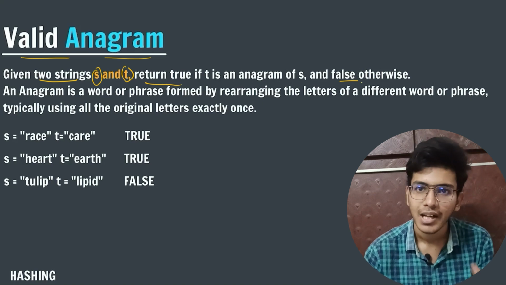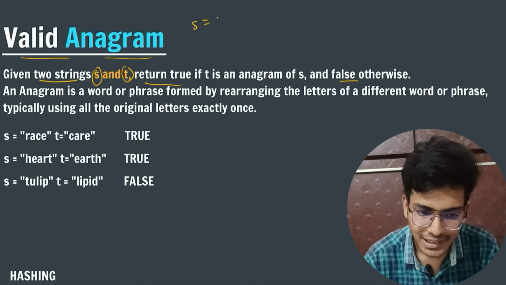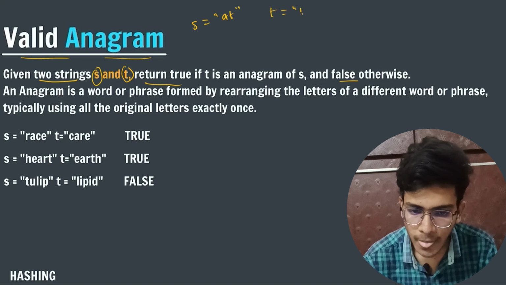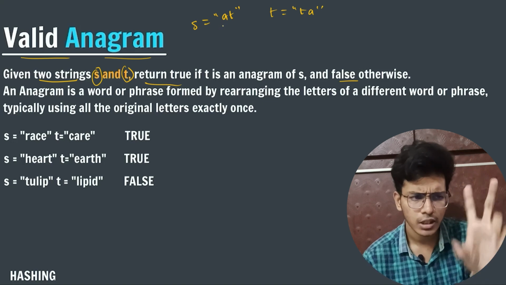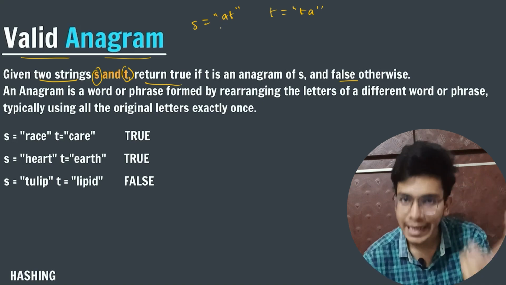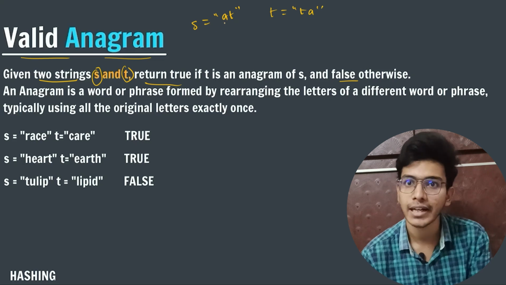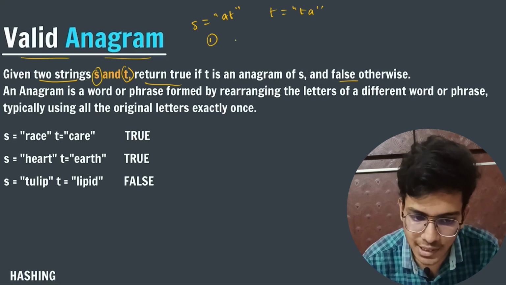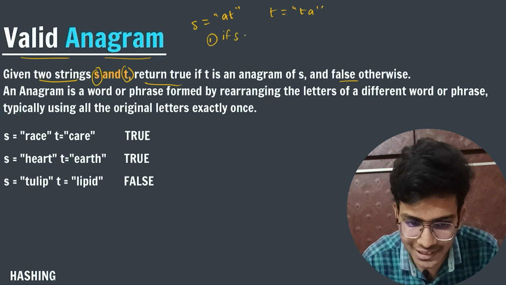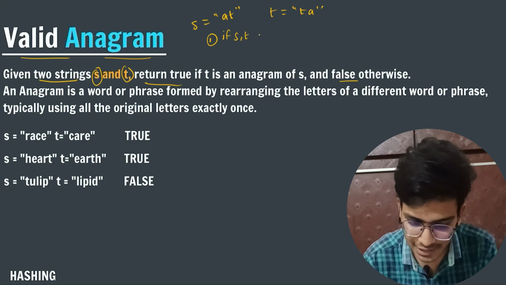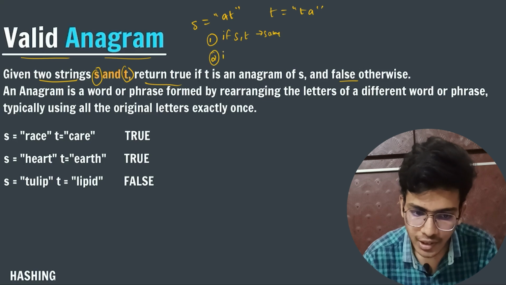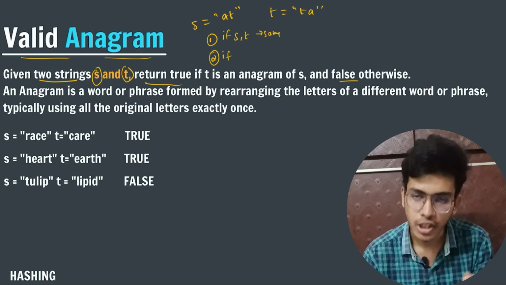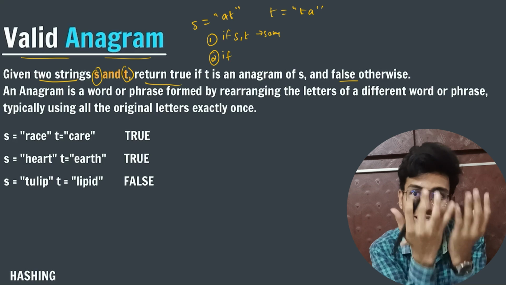So what is an anagram? Let's say I'm having s equals to "at", and t equals to "ta". A given pair of strings is said to be an anagram if it follows 2 conditions. What are the 2 conditions? The first condition is that the sizes of s and t are the same, and the second condition is that the characters used in these 2 strings are also the same.